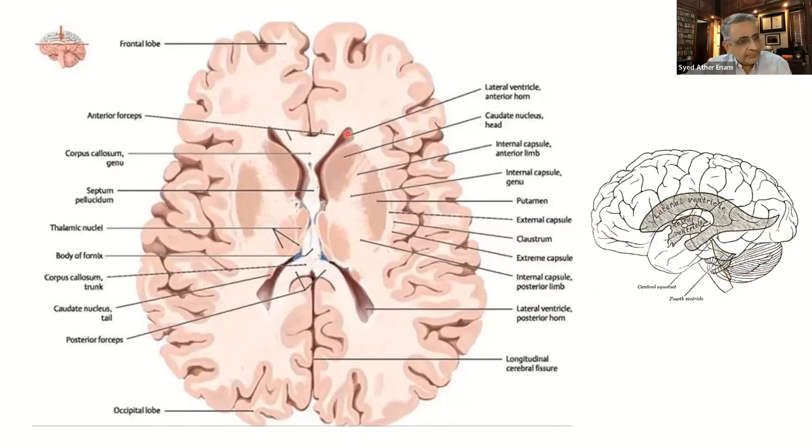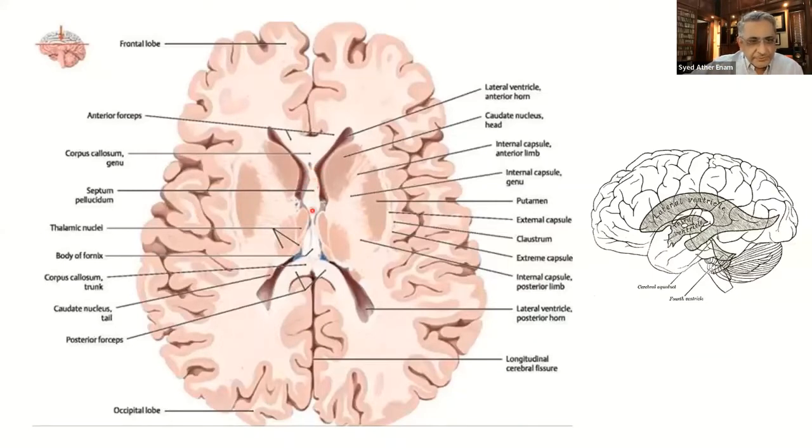The pertinent anatomy is basically when we talk about the frontal horn. The things that you want to notice is that the caudate nucleus projects into the frontal horn, and the anterior part is taken care of by the corpus callosum, and as it curves forward, it enwraps the septum pellucidum.